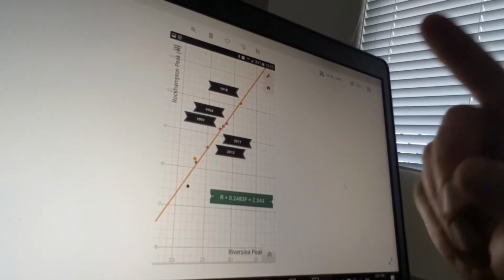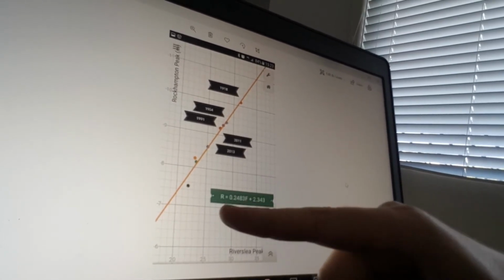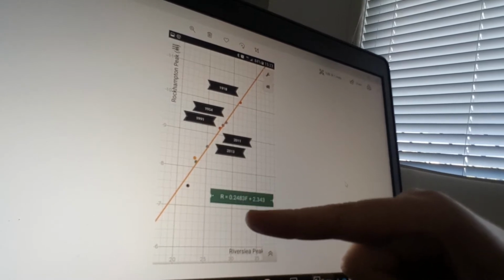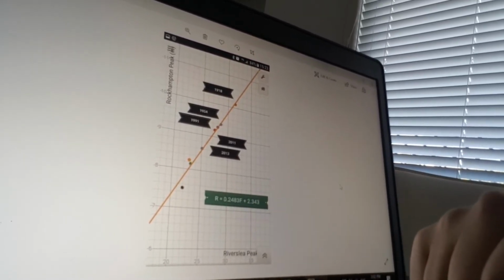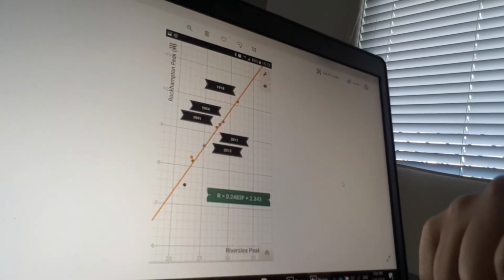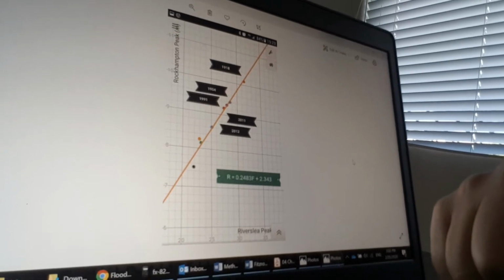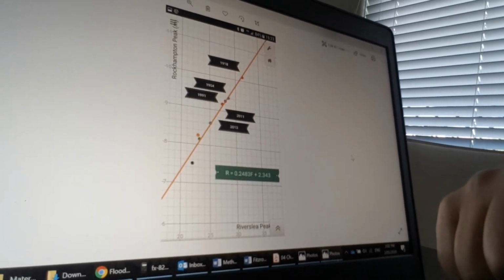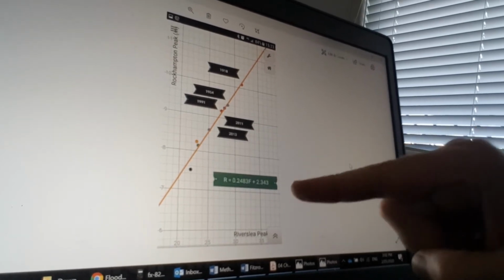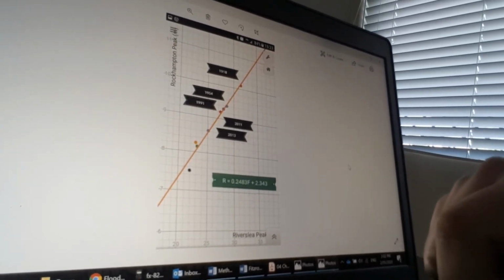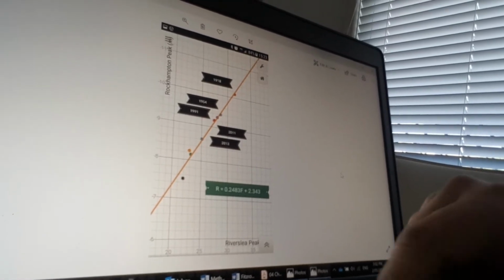Anyway, I managed to make this model here. This model says the flood height in Rockhampton is this times the flood height in Riverslea plus a certain amount. Now you're probably going, what type of model is that? It's a linear model! So today, instead of the text examples, we're going to be using this linear model about real flood levels in a major town.